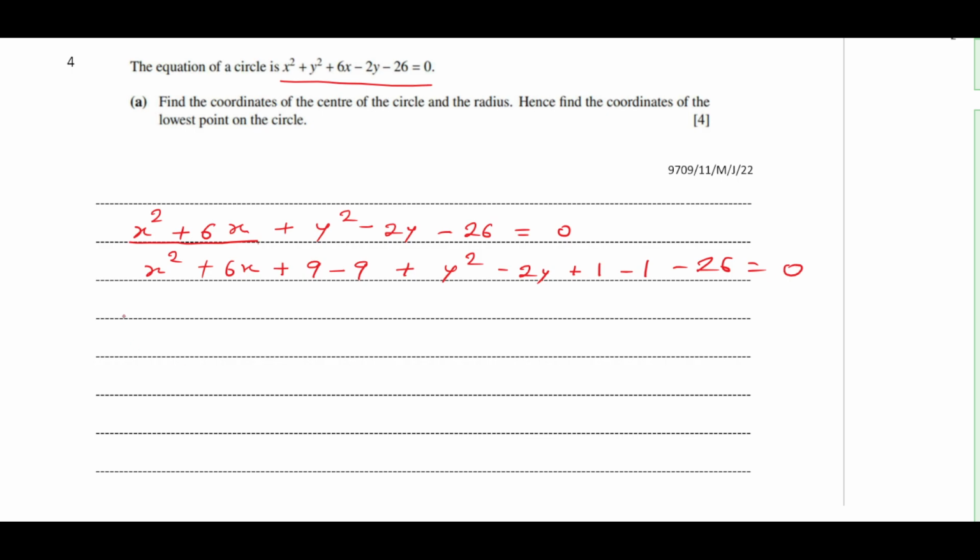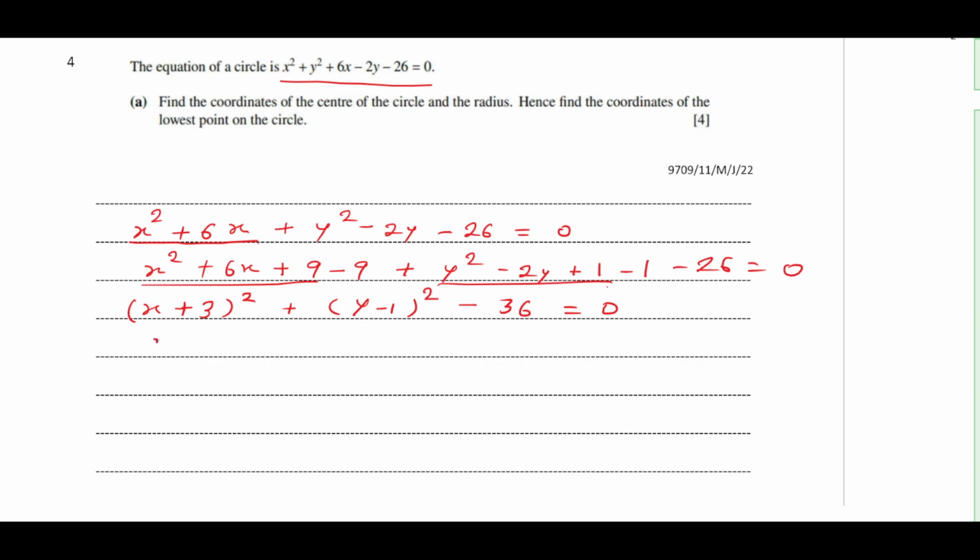Okay. So these three terms and these three terms are perfect squares. So here I will write this as (x plus 3) the whole square plus (y minus 1) the whole square, and then minus 9 minus 1 is minus 10, and minus 10 and minus 26 is minus 36. So this whole is equal to 0. Okay.